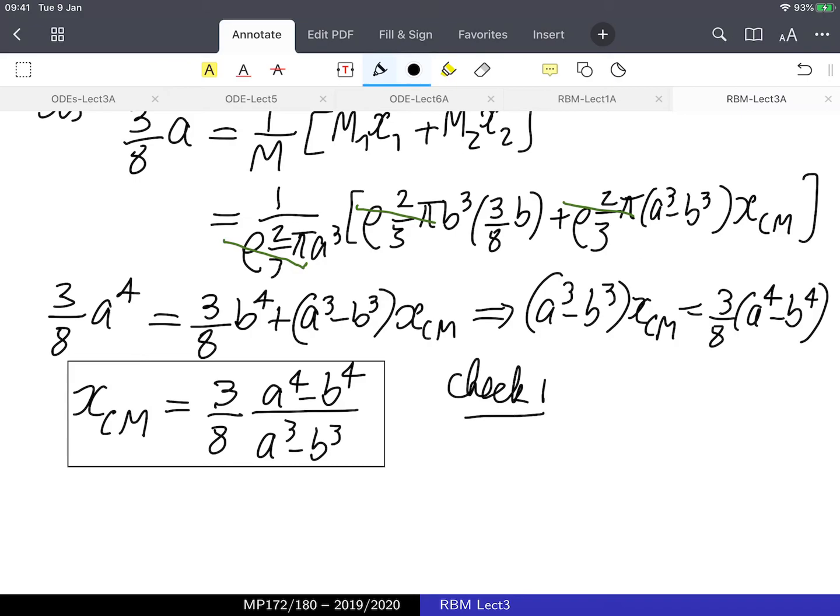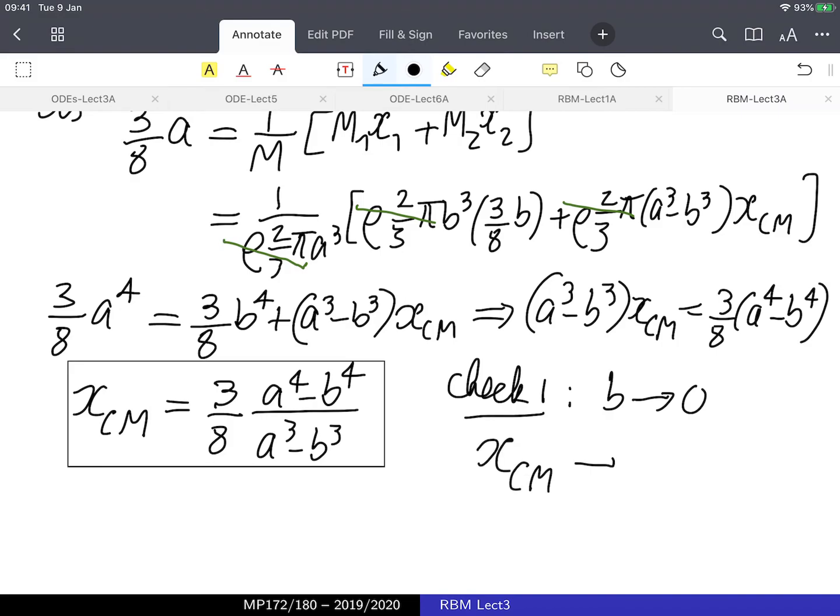Check 1. What happens when B goes to 0? So B, remember, is the radius of the hole in the ball. So if it goes to 0, then you're going to have a full hemisphere. So what do you recover then?